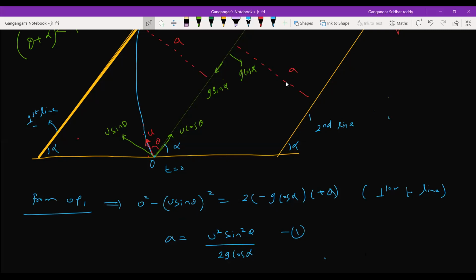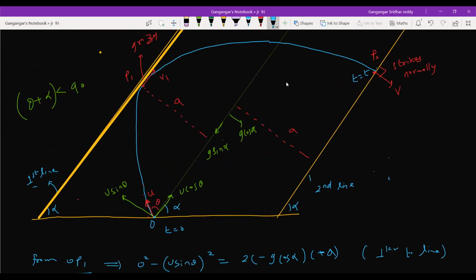This equation is v square minus u square equal to 2a formula. You're taking it along OP perpendicular to the line, no, sir. Finally, the velocity is also perpendicular to the line. Instead, you take 0. From O to P1 I apply, not O to P2.